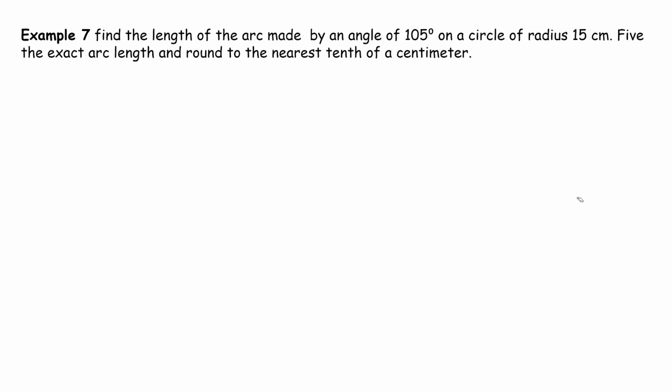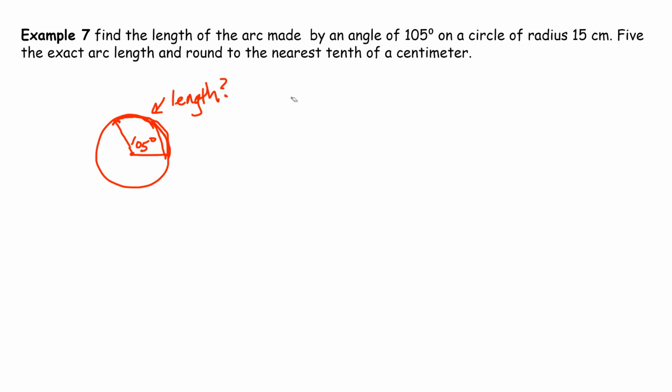So I've got a circle. I'm talking about 105 degrees. So here's my circle. I'm going from here to about here. And that's 105 degrees. And I'm trying to figure out what is the length of this arc right here. Okay, well, that arc is a fractional part of the circumference of the circle.